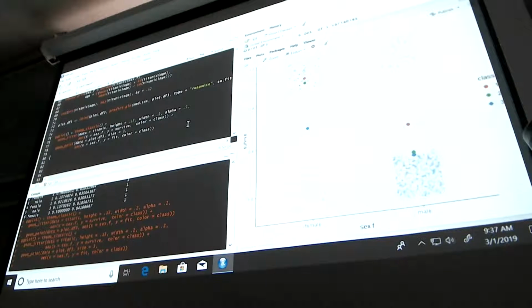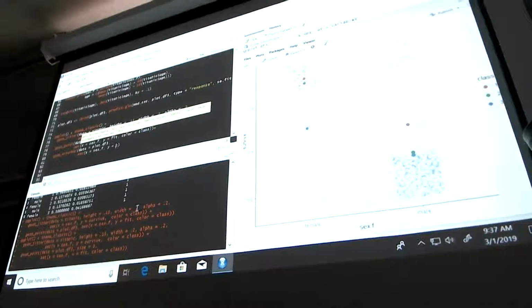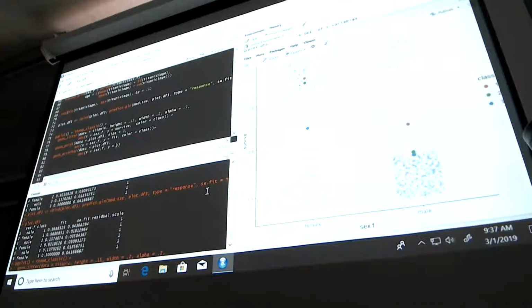Now, the next thing that we need is our error bars on those predictions. So we'll say geom_errorbar, and again, our data is plot DF3. And then for aesthetics, X equals sex.f. Now remember that what we have is the standard error. Standard error times 1.96 is the 95% confidence interval.